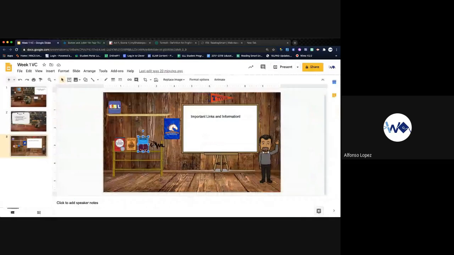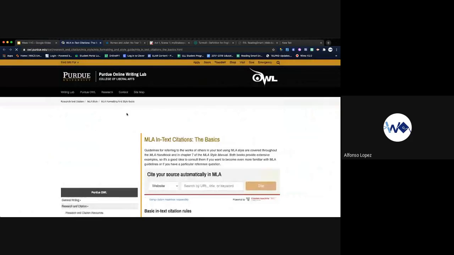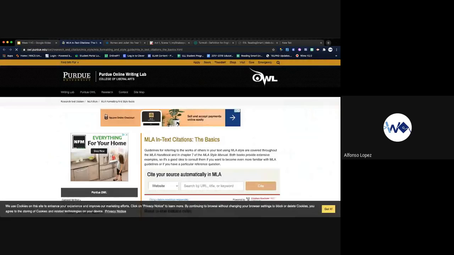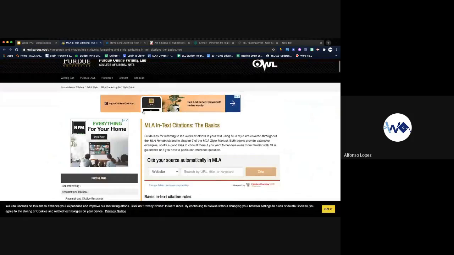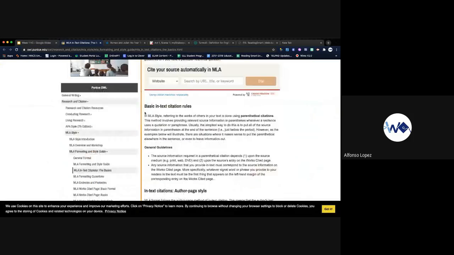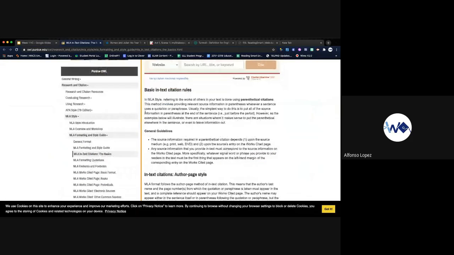Okay, so the last resource link I have here is for a website called Purdue OWL. Many of you will probably be doing research or looking up various topics in history or English throughout the years, and this is a great website to use for citations.